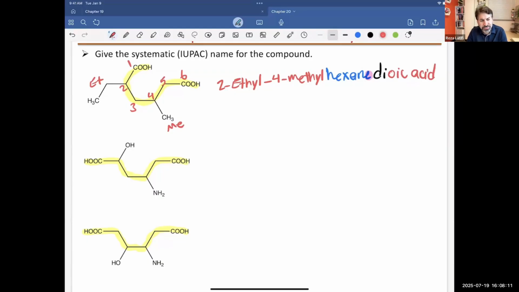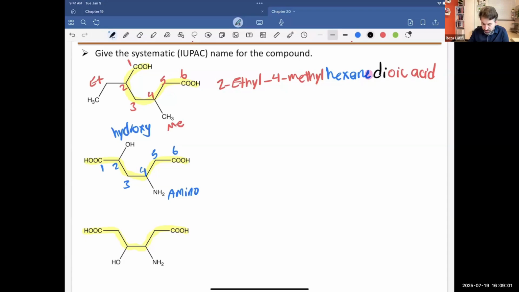Next one, I have 2 functional groups in the substituents. One is OH, and the second one is NH2, or an amine functional group. And the way I'm going to label it, I'm going to start from the side that will give me the smallest possible numbers for the substituents, and it will be from the left side, because we will get 2 and 4. So it's similar to the previous example, only the difference this time, instead of the ethyl and methyl, I have hydroxy and amino groups. And the amino will get priority over the hydroxy.